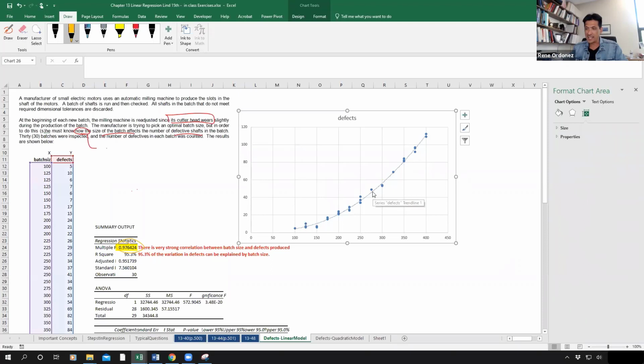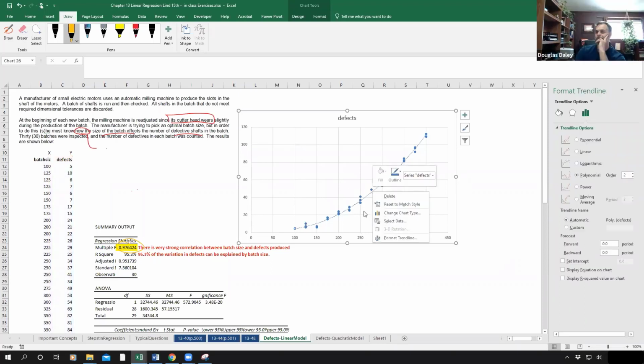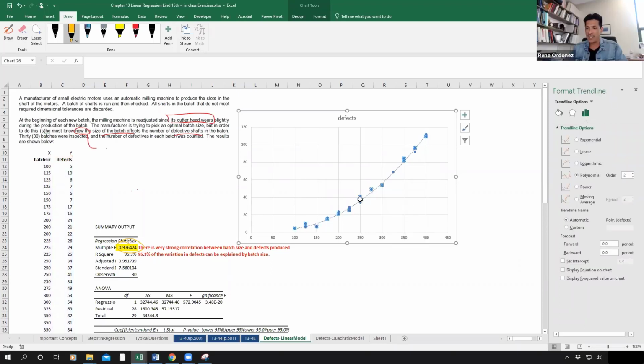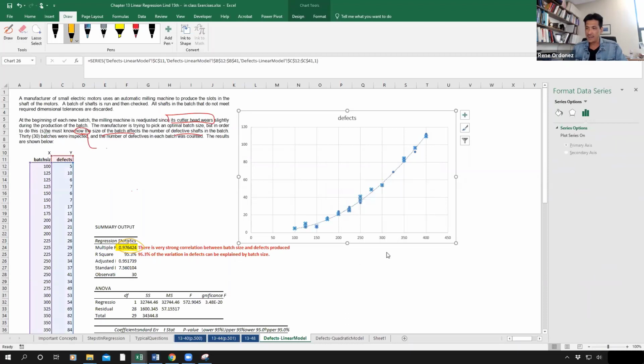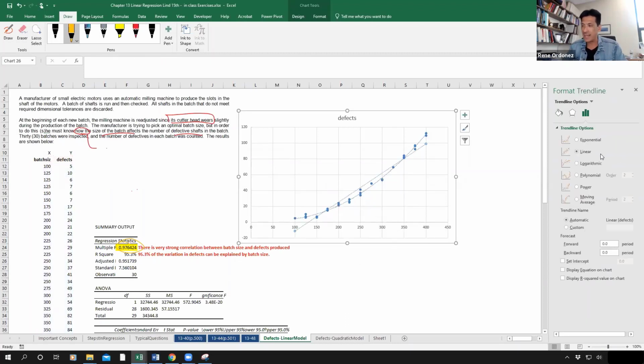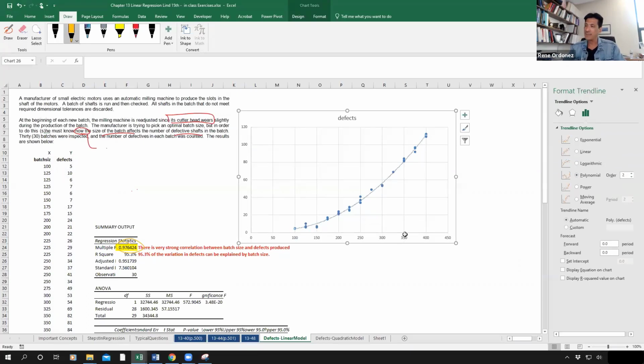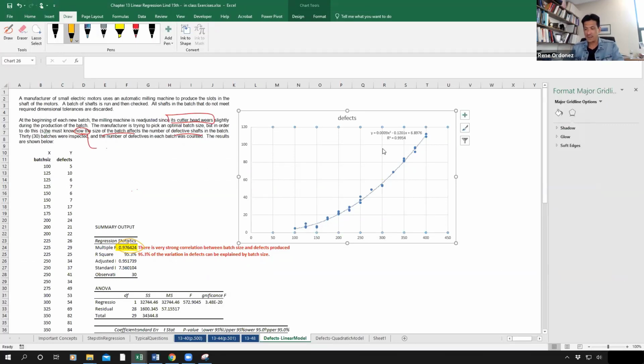So maybe we can ask Excel to give us the equation that describes that polynomial relationship, second order. Let's display the equation on the chart and display the R squared value on the chart. I'm going to remove this extra line so we can see.